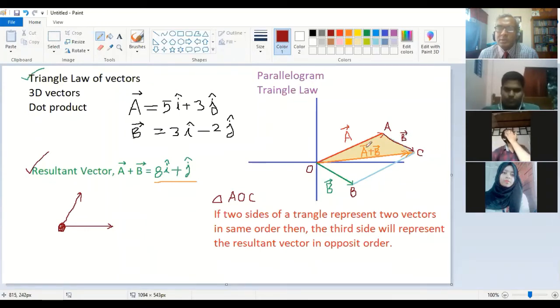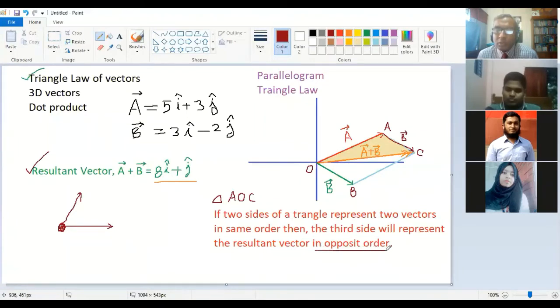Why? Because this is a parallelogram, opposite sides are the same length and parallel. So same direction, same length. So this is the same vector. So if you think about O to A, then A to C, then the third side will be the resultant. That means the A plus B vector, and it will be in opposite order.